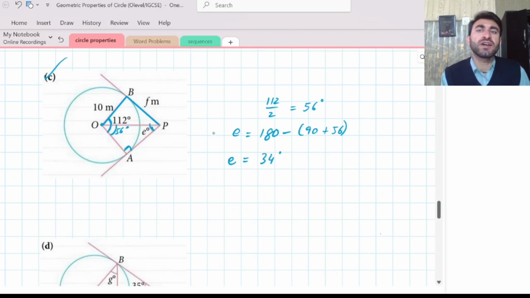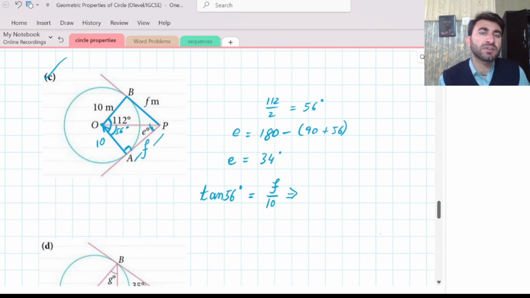Now in order to find the value of F, because we know it is a right triangle over here and AP is also F and it is 10 meters over here, OA is the radial segment as well. So we can apply the tangent ratio. It will become tangent 56 equals the side opposite to it, which is F, divided by the side adjacent to it, which is 10.